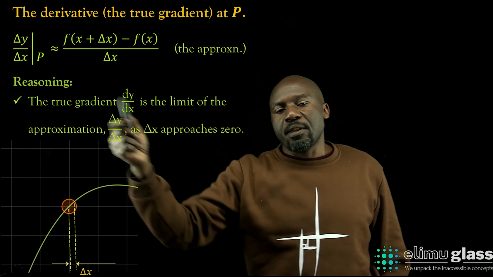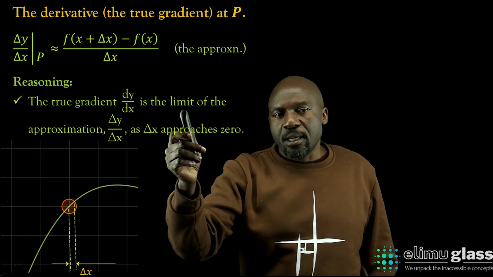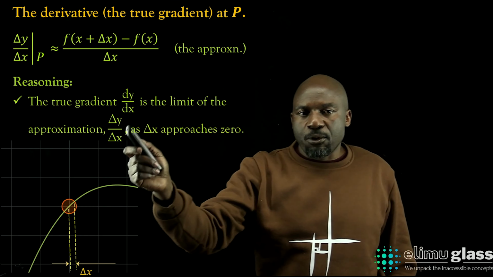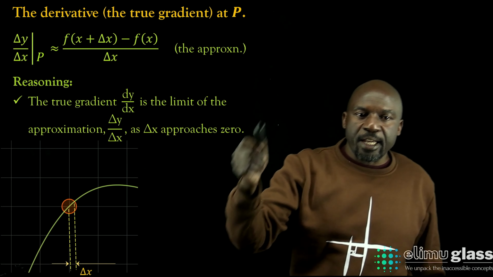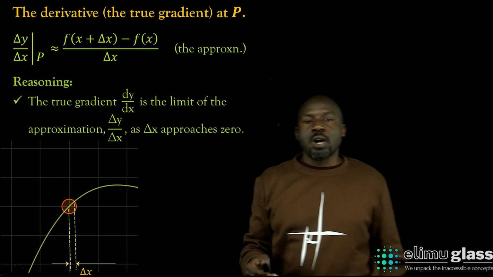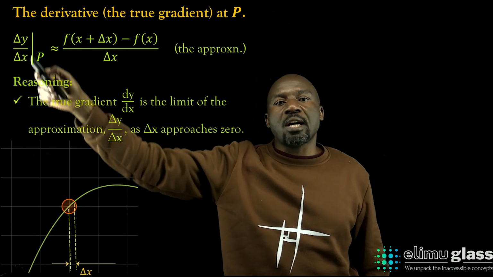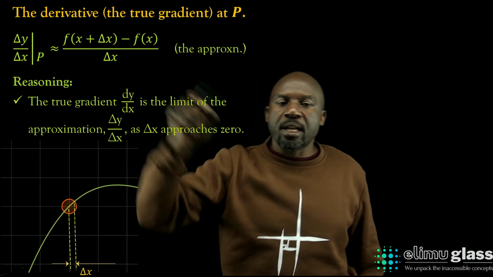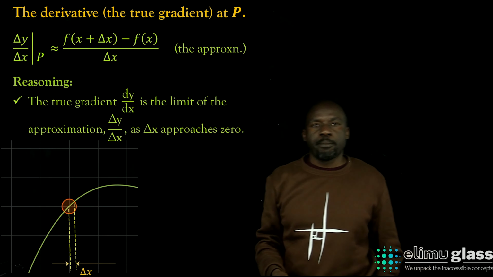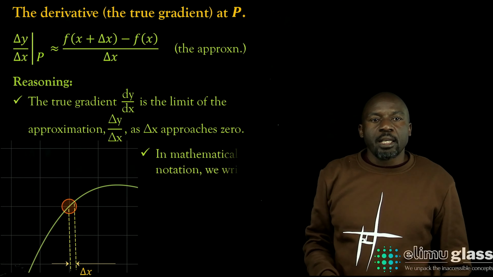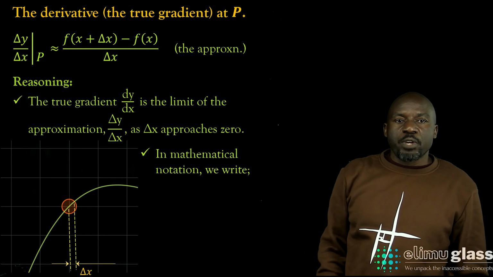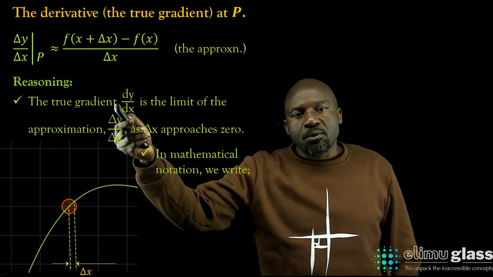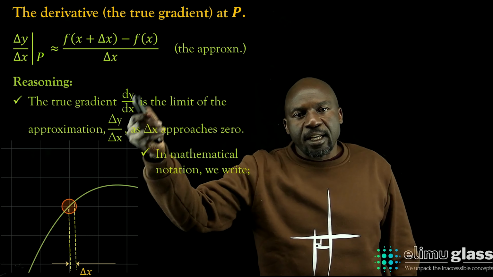We say that the true gradient is the limit of our approximation as delta x approaches 0. So our approximation tends to become the real thing, provided we make delta x as tiny as possible. All right? In mathematical notation, we write that the true gradient dy by dx is the limit.